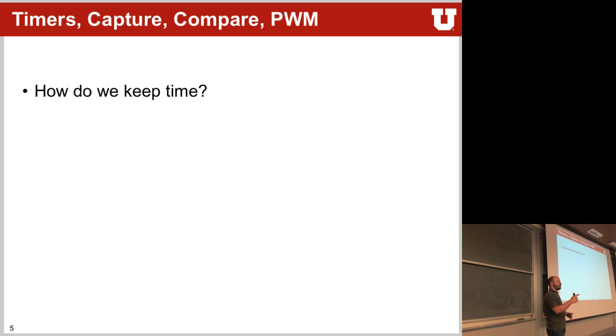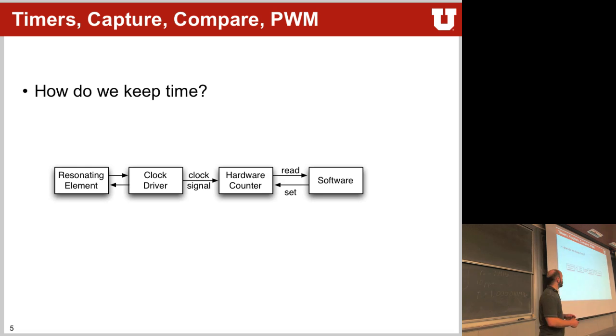I actually noticed last time that I forgot a whole part of the lecture, and I already did a part that I was supposed to do in this lecture. So let me backtrack a little bit. We were at this stage here, right? We talked about resonating elements a lot. We talked about clocks a lot. And then we talked about how to distribute clock signals inside our microcontrollers, like using these big muxes and all the clocking system that's in your SmartFusion.